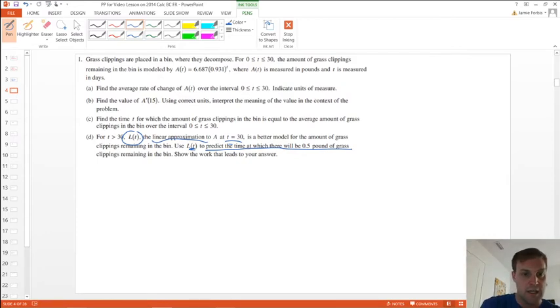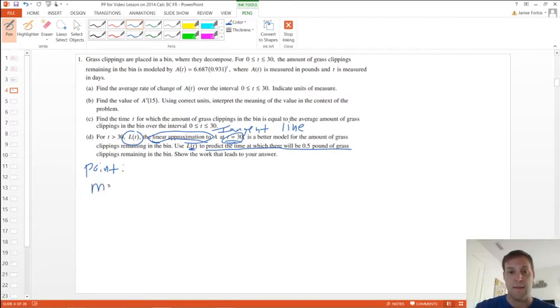Linear approximation is just a fancy way of saying tangent line. That's all it is. All I need to do is find the tangent line at t equals 30, and I have my linear approximation. So remember, if I want to find L of t, I'm going to need a point and an m value.